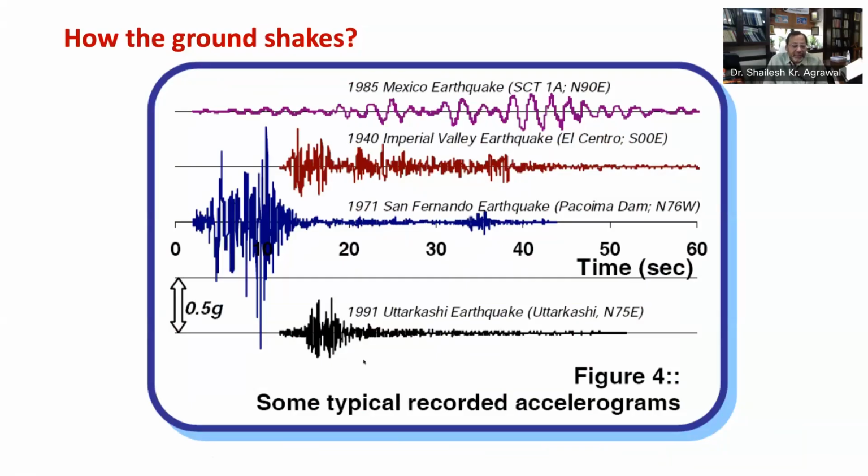That will have potential of toppling the structure. During 1994 Northridge earthquake of USA, horizontal PGA values of greater than 1 g were recorded. As I told you earlier, earthquake motion can be divided into two horizontal orthogonal directions, x and y, and a vertical direction.